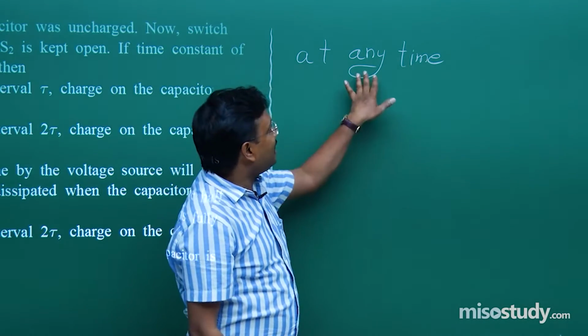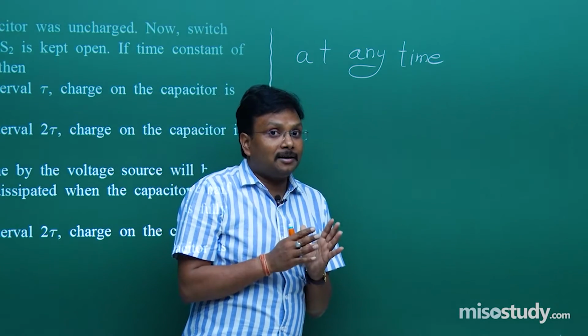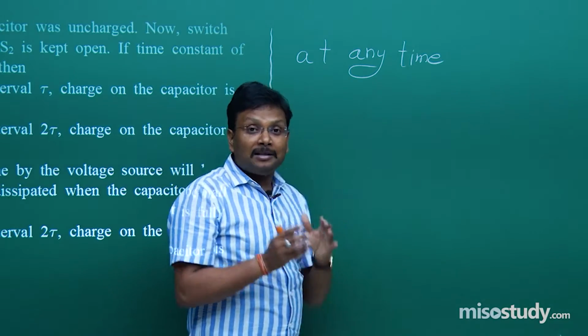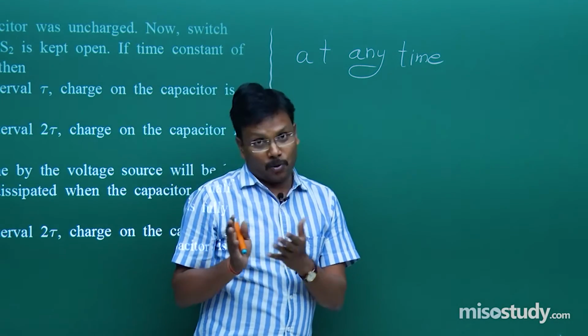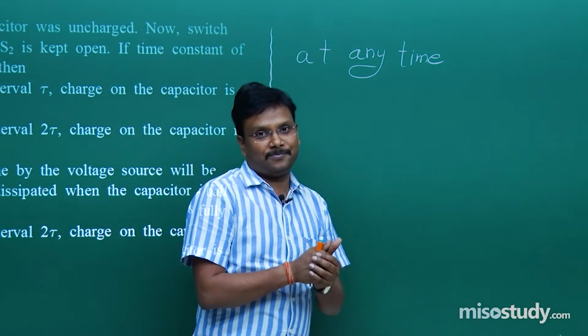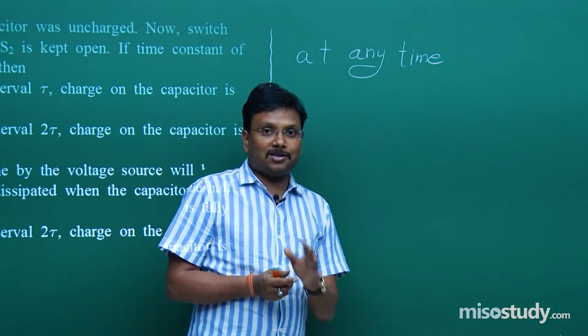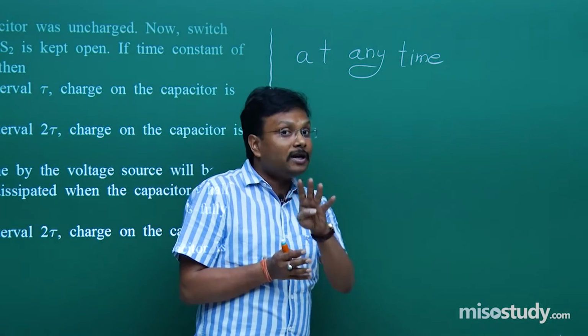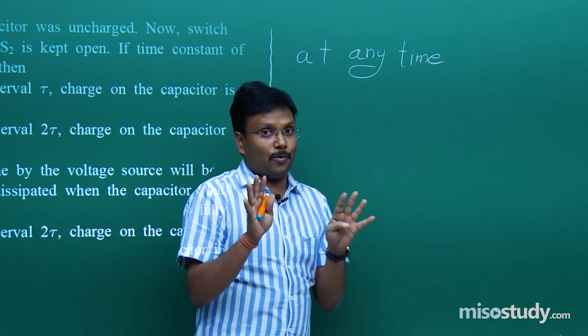Here a capacitor is connected, so whatever you learned in chapter 2, that you have to apply. Then an inductor is connected, and then a source and resistance are also connected. So you can say at least 4 different concepts, correlated, but 4 different types of concepts are applied over here.